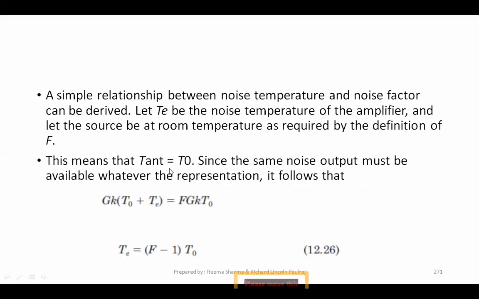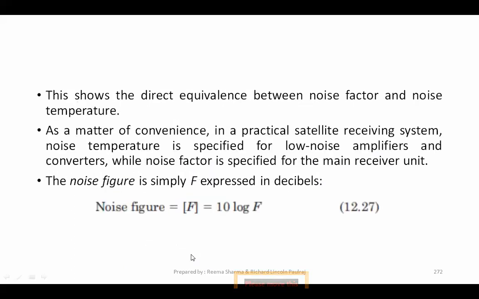The antenna's temperature will be taken as T naught, which means room temperature, since the same noise output must be available. So finally, we come up with this equation: TE is equal to F minus 1, the standard system loss, into T naught. If we want to represent it in log form, then we use 10 log of F.